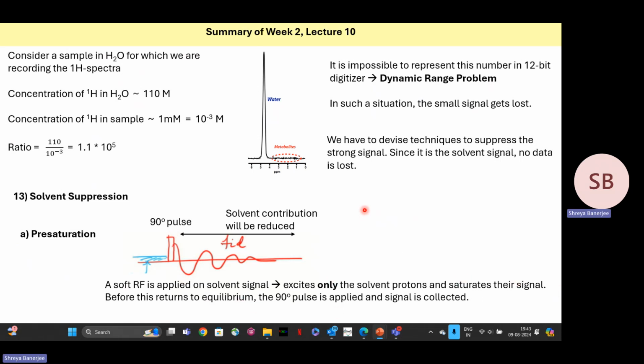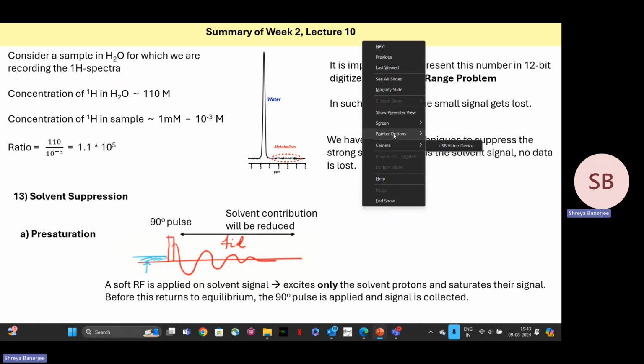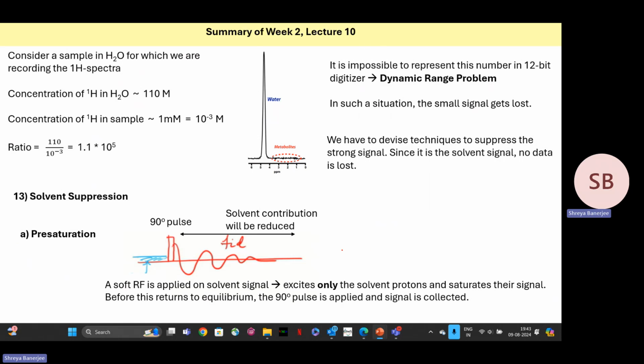So if the solvent protons are saturated, if you remember what saturation was, you have the energy levels alpha and beta. Saturation is when alpha and beta are equally populated. So if you have 2 electrons on beta, you will have 2 electrons in alpha. And at that time, the NMR signal becomes 0.